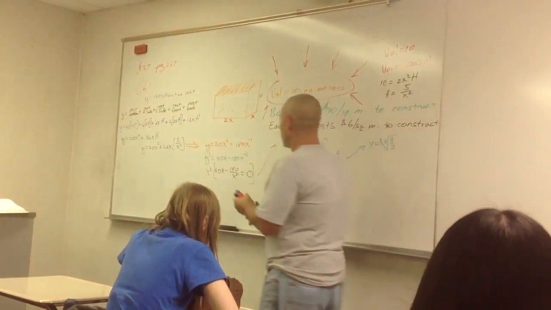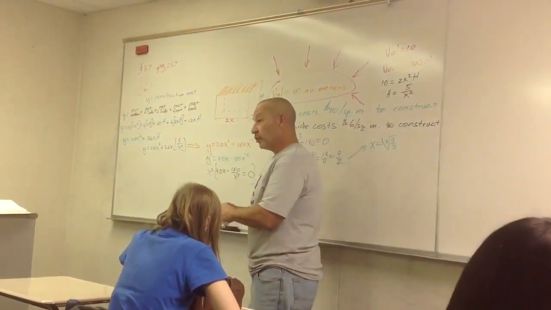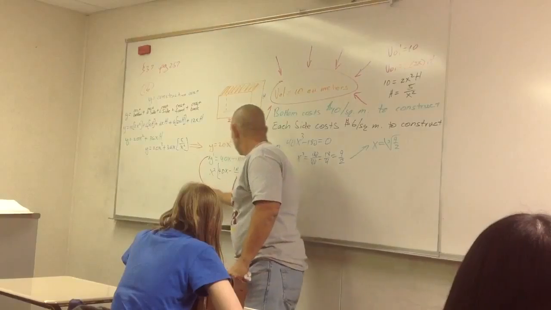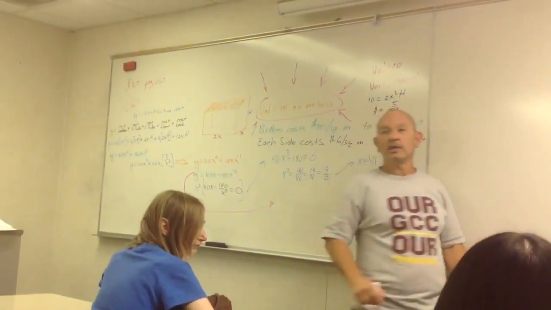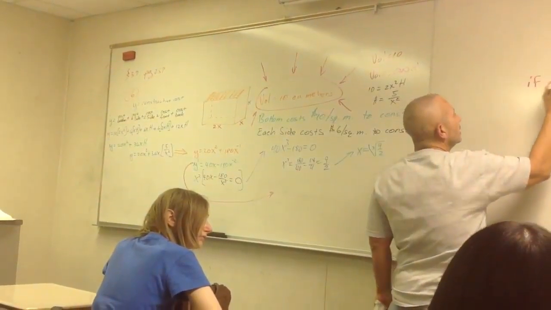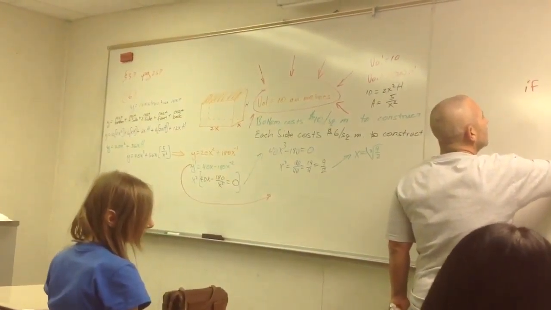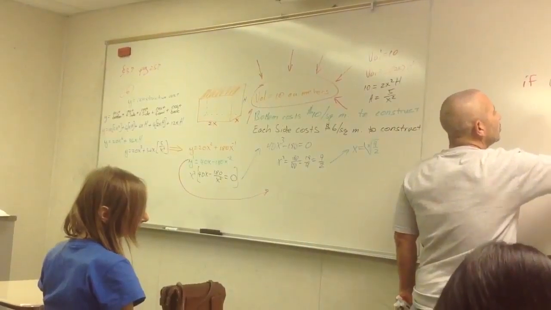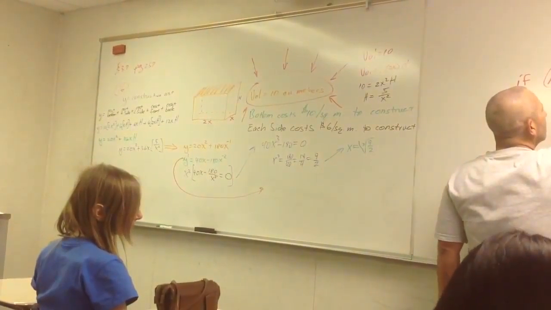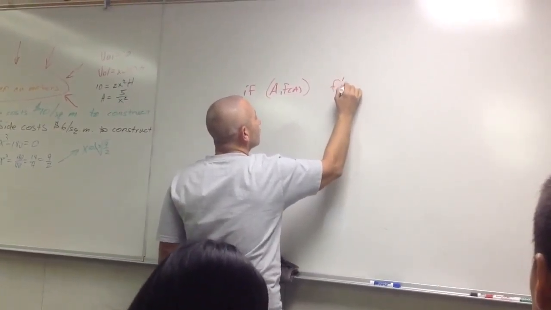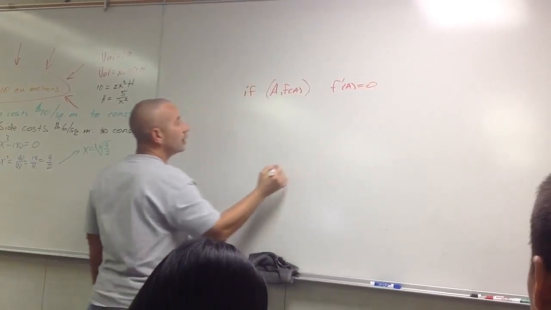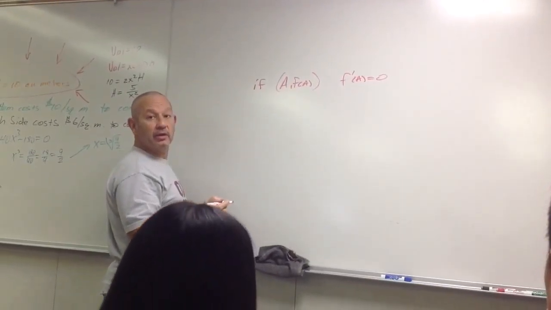I told you about that. You guys remember something called the second derivative test? Remember, we talked about it right here on this board. If f prime of a is 0, then what does the graph look like?